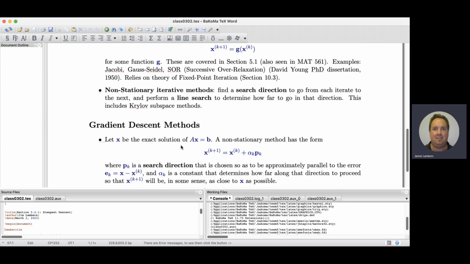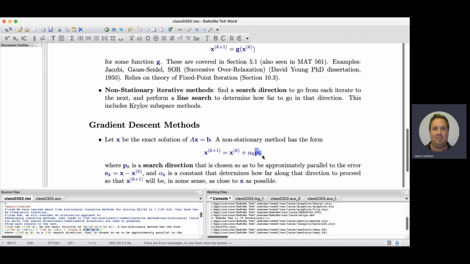I'm going to use plain old x just to refer to the exact solution. For a non-stationary iterative method, you're taking a step from x_k to x_{k+1}, your old guess to your new guess, and the step you take is in this direction p_k. p_k is called a search direction.